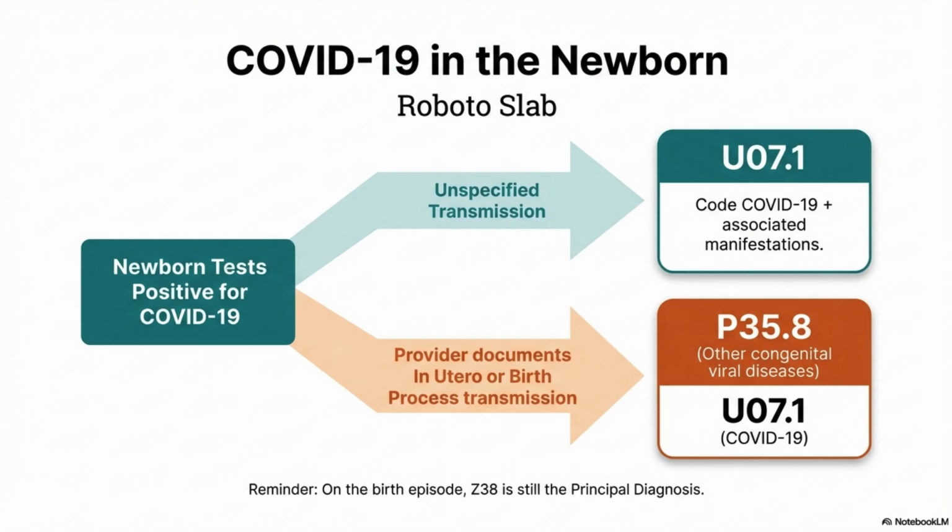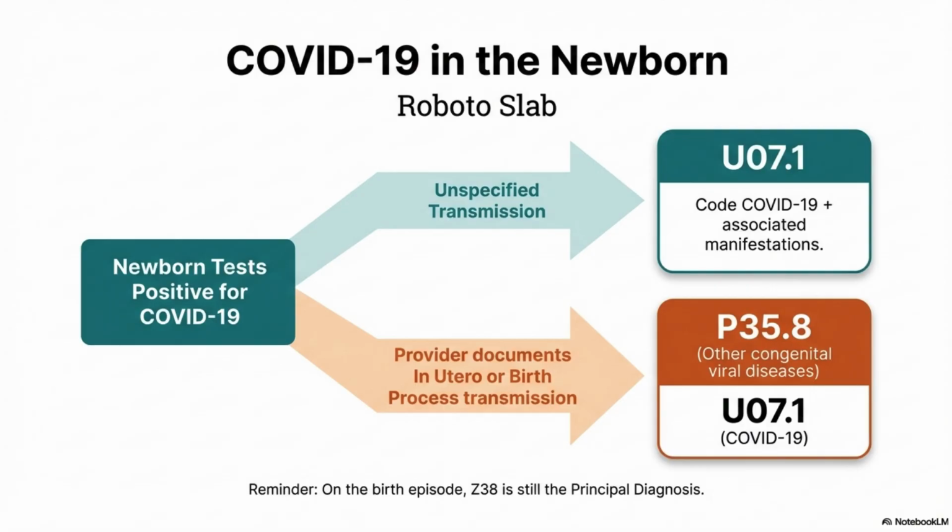However, if the provider clearly documents that the infection was acquired in utero or during the birth process, then you shift to congenital coding. In that case, you assign P35.8 for congenital viral disease, and you still add U07.1 to capture COVID-19 specifically. And one last reminder. Even when COVID-19 is present, Z38 remains the principal diagnosis on the birth episode.